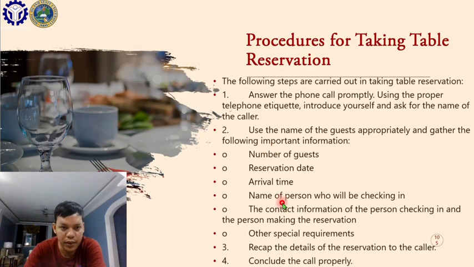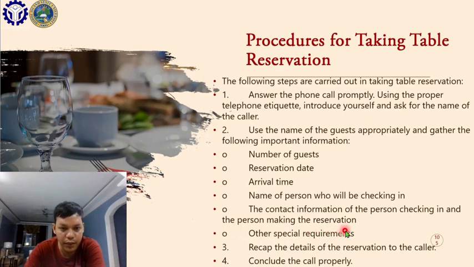And number two, she used the name of the guest appropriately and gathered the following important information. So the staff is asking for the information needed for the table reservation from the guest: the number of guests, reservation date, arrival time, name of the person who will be checking in, the contact information of the person checking in, and the person making the reservation.